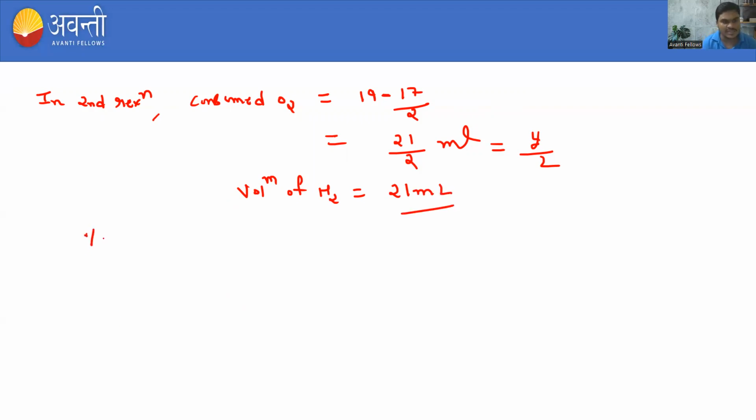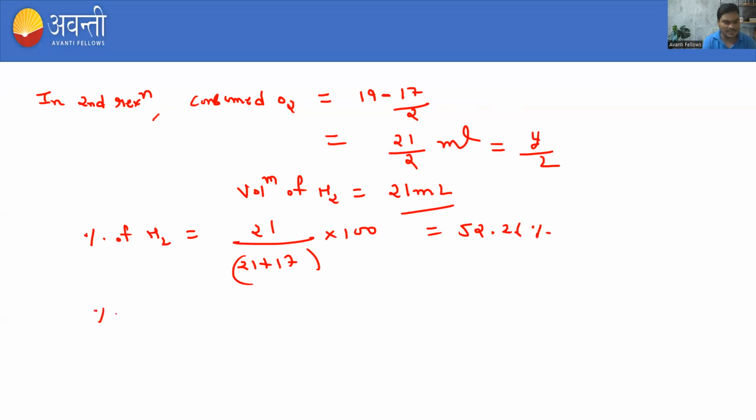So let's calculate the percentage first. Percentage of H2 is nothing but 21 upon 21 plus 17, into 100. This comes out to be 55.26%. There is a small correction, this is 55.